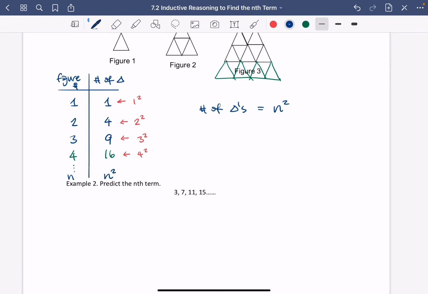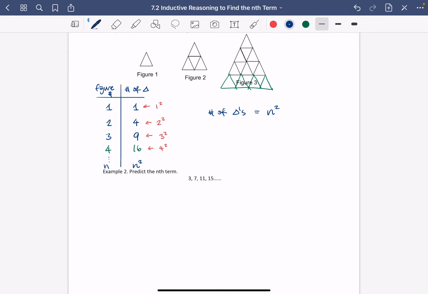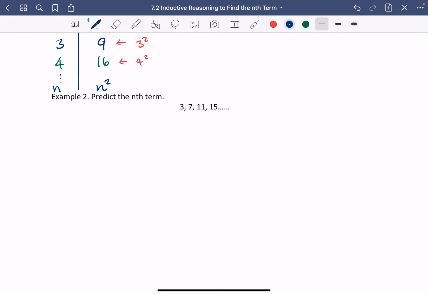Okay, let's try another example. So the second example here, we have a list of numbers. And again, I'm going to make a table of values just to analyze my question. And this time we're going to do term number and then the value.